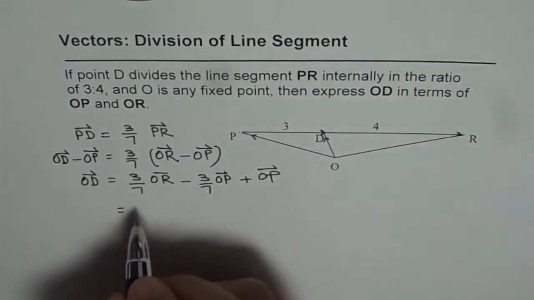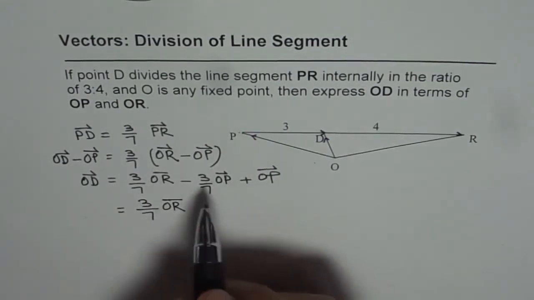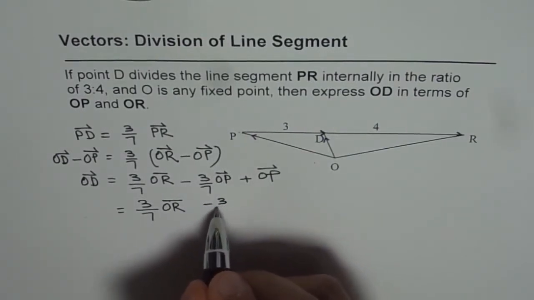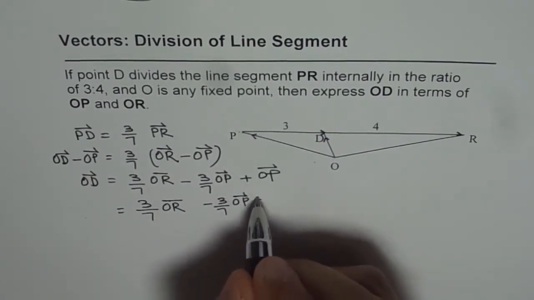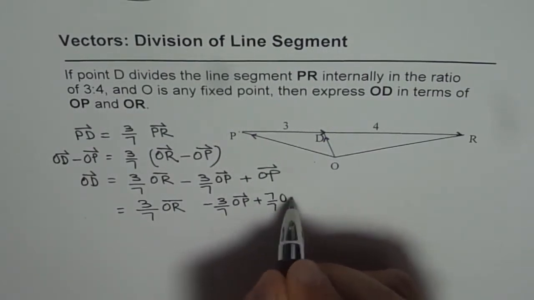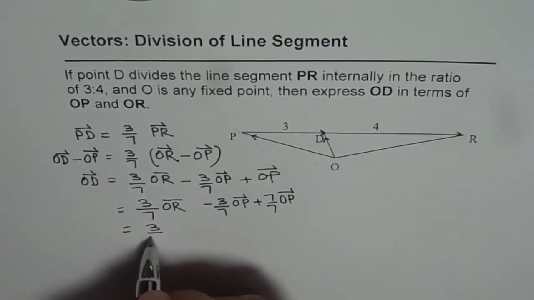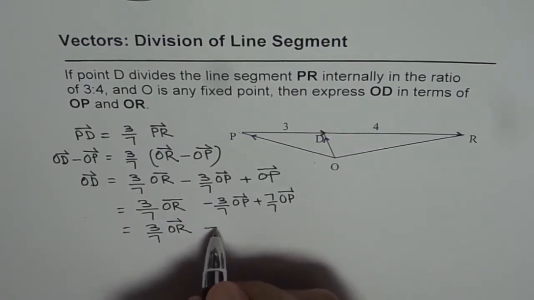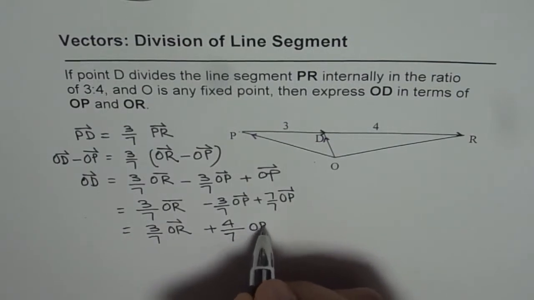That gives us 3/7 of OR, and let's add these together. So we get minus 3/7 OP. We can write this as plus 7/7 OP, just a common denominator, right? Now that gives us 3/7 of OR, and this is 4/7 of OP.